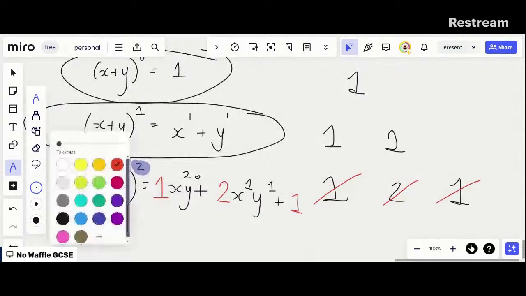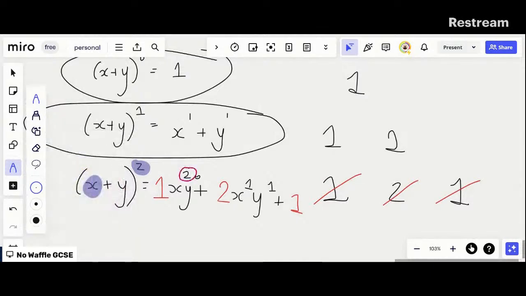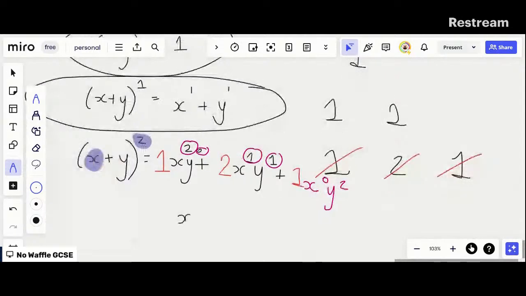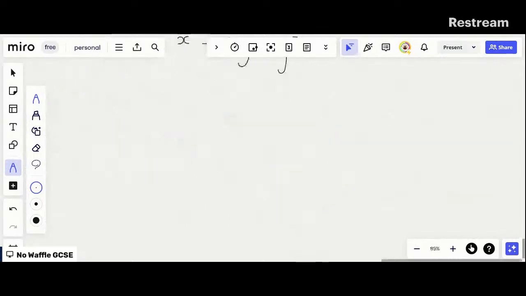Your x still decreases, so it goes from 1 to now x to the power 0, and your y keeps increasing, from 1 to 2, so y to the power 2. Therefore your overall expansion is x squared plus 2xy plus y squared. Now let's try doing this with a cube.